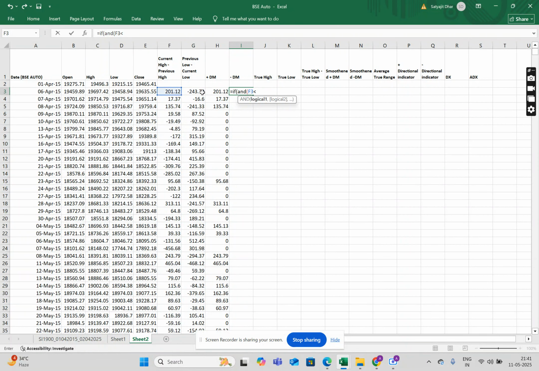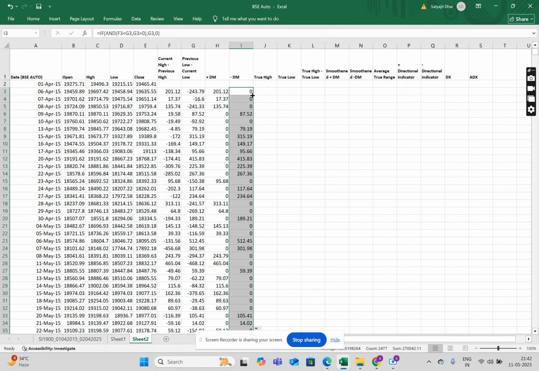I hope you can understand something as simple as this. If this is true, and we also have the condition that previous low minus current low is positive, then we get the previous low minus current low, or else we get a 0. So here we have it.